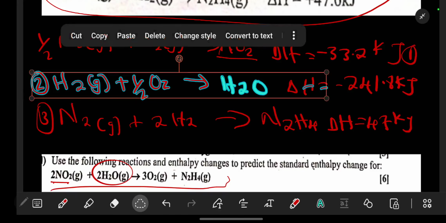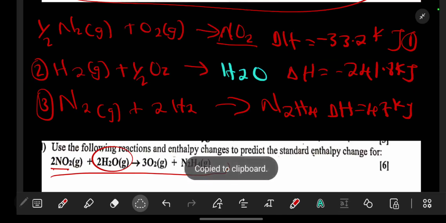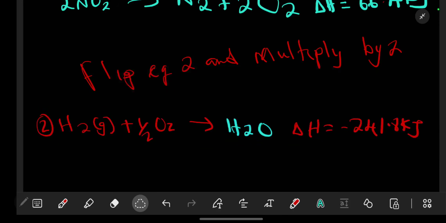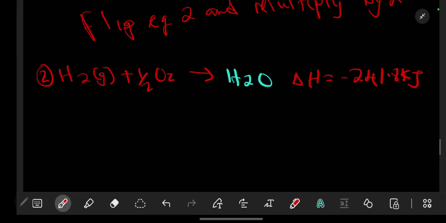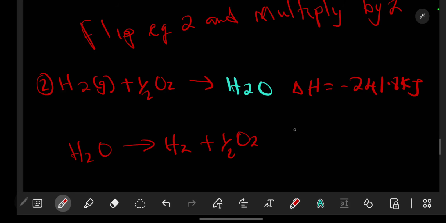So taking the second equation, we have to flip it, so our H2O should be able to become H2 plus half of O2. Then the change in enthalpy will now become positive 241.8 kilojoules. So we are now going to multiply by 2.